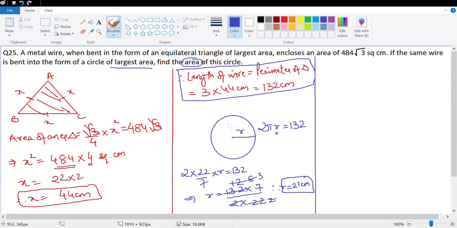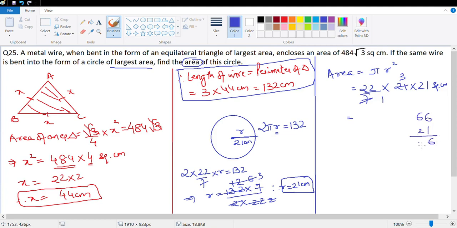So the radius of this circle would be 21 centimeter, and the area would be equal to pi r square. In this case, 22 upon 7 into 21 square centimeter. So 7 threes are 21. So that's 66 into 21. That's 6, 6.